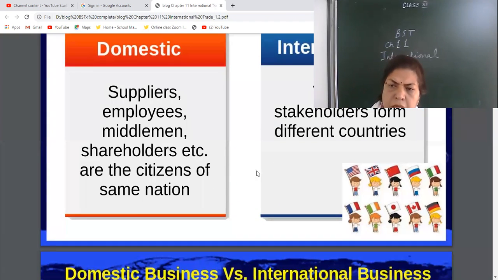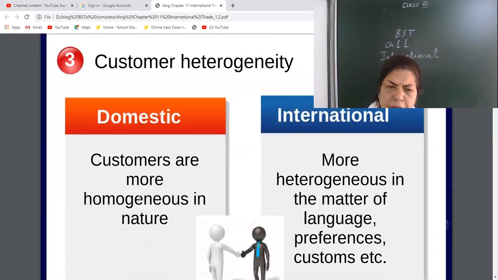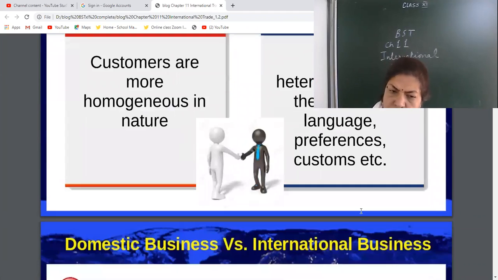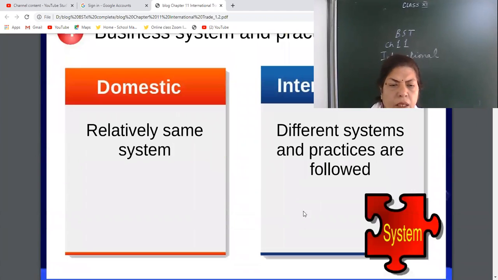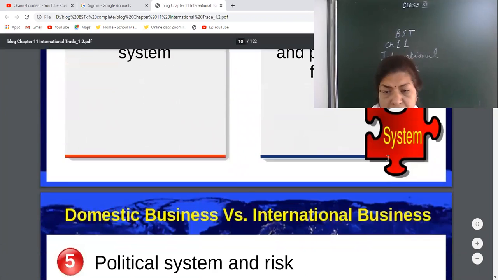Because they belong to the same nation, they are homogeneous. Because they belong to different nations, they are heterogeneous. Because they are in the same country, the same system is followed. They follow different systems because of different countries.